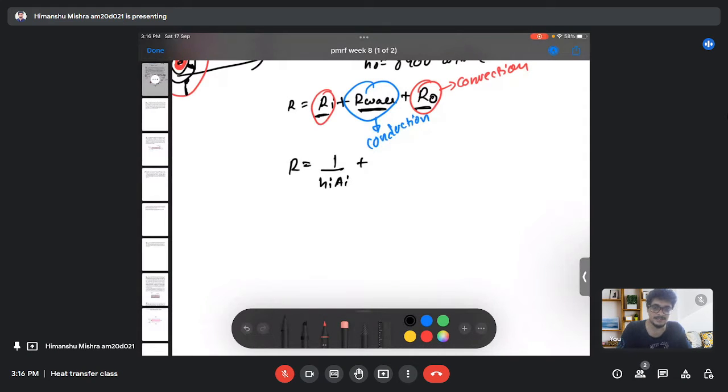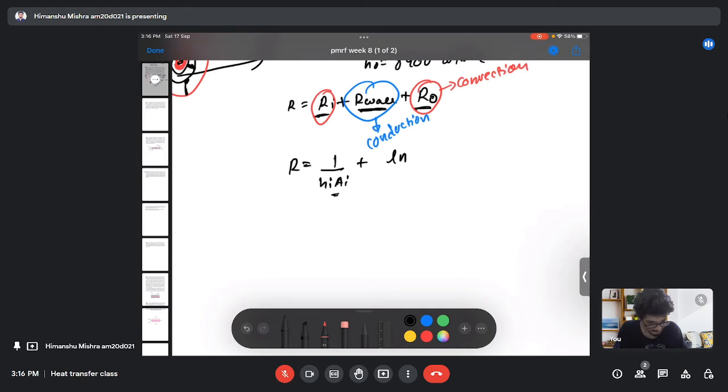Even in the first week, I guess, I solved one problem in which I identified the modes of heat transfer, basically convection and conduction. And we know that the resistance will be different in all these different modes of heat transfer. So this is the internal resistance, and the resistance due to the wall. Since we have a pipe flow, we are talking about the cylindrical walls.